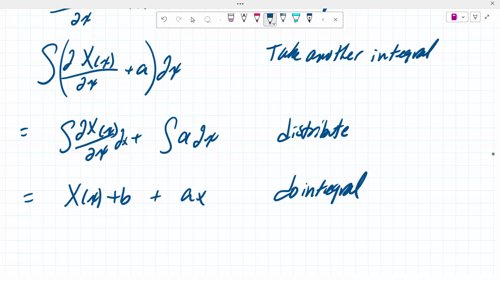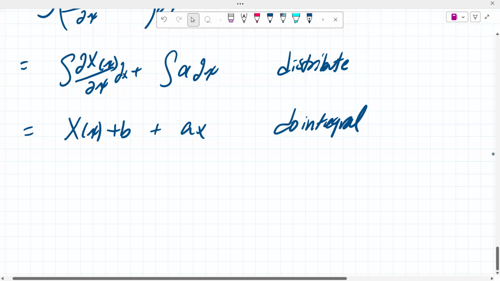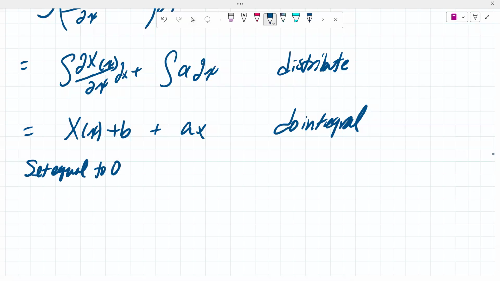All right. Then we set it equal to 0. X of x plus b plus ax equals 0. All right. Great.